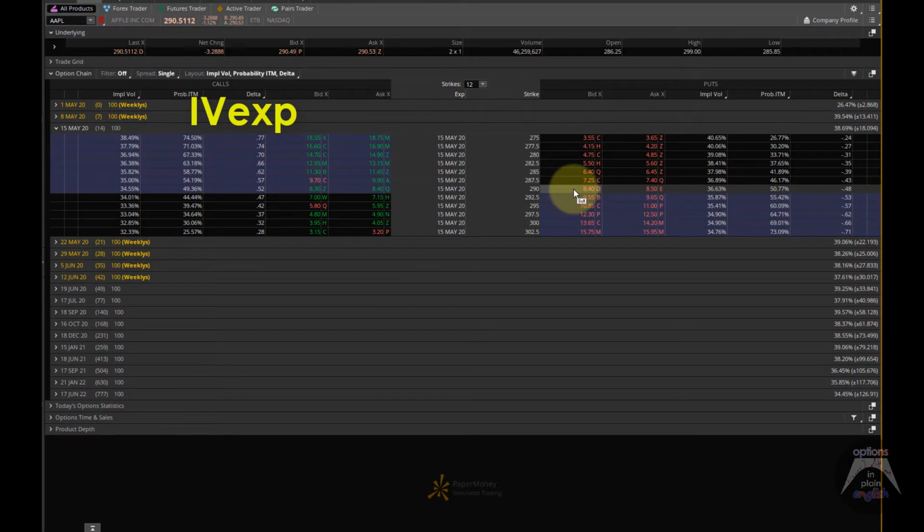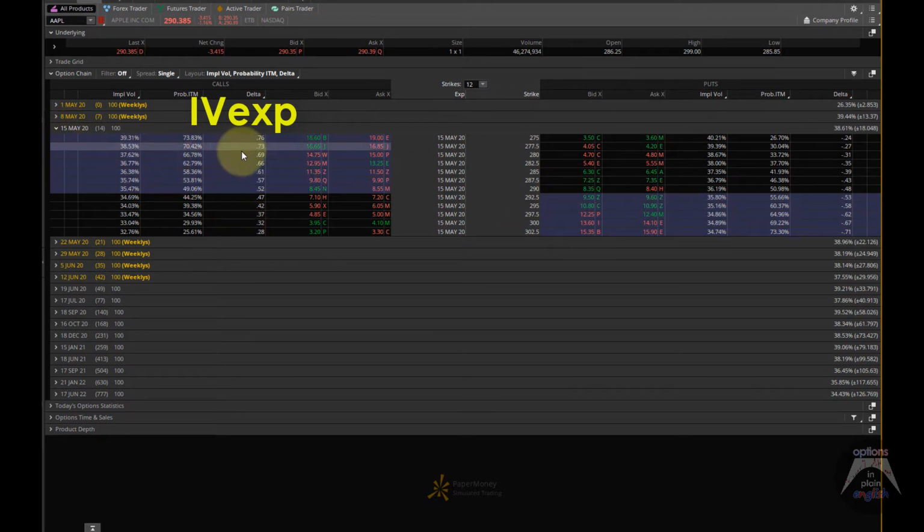To the best of my knowledge, what they do is take all of these options for the same expiration and use all of them, but giving more weight to the ones that are at the money and closer to at the money, and they obtain a single implied volatility number for that expiration.